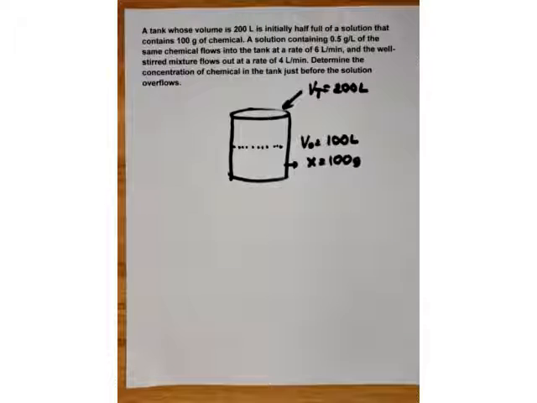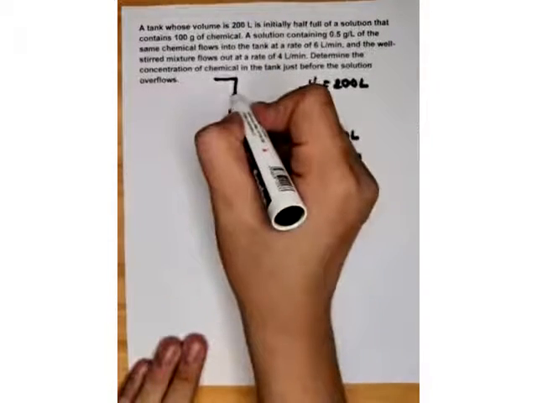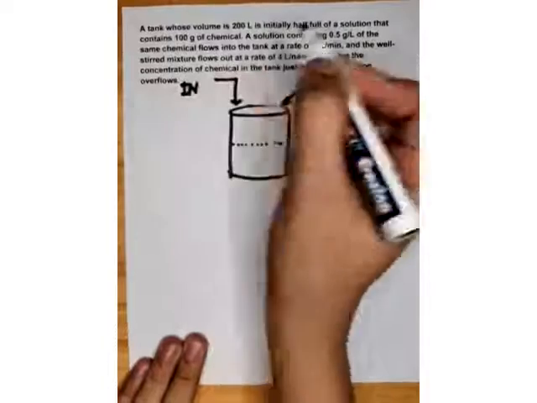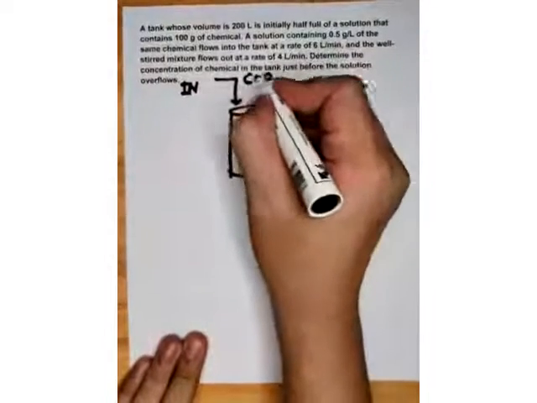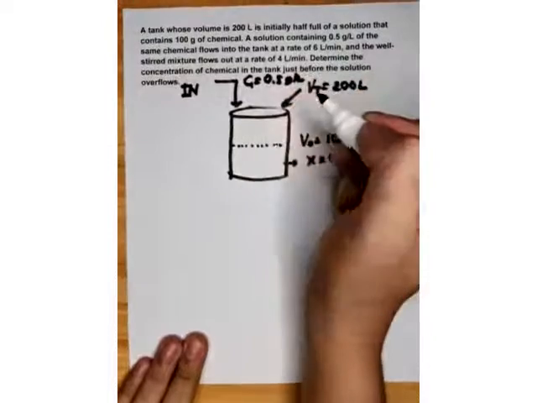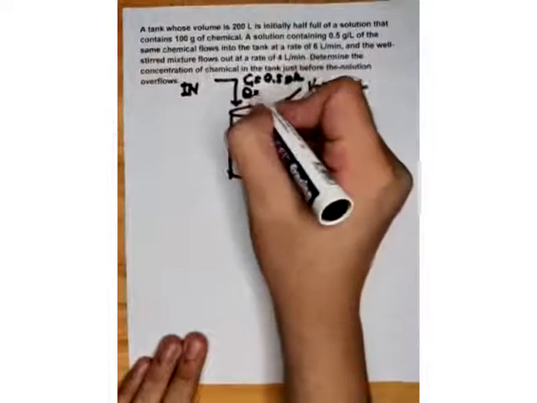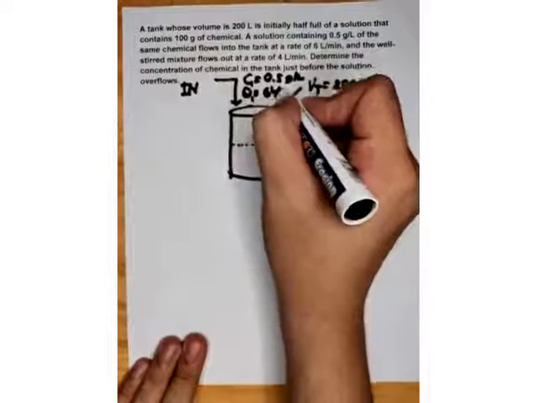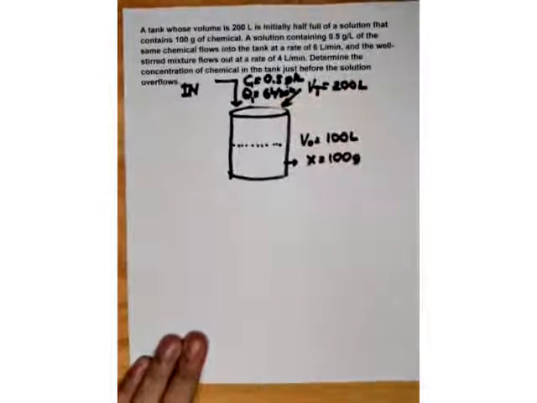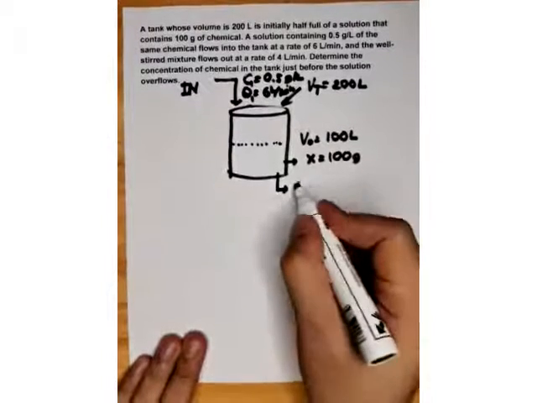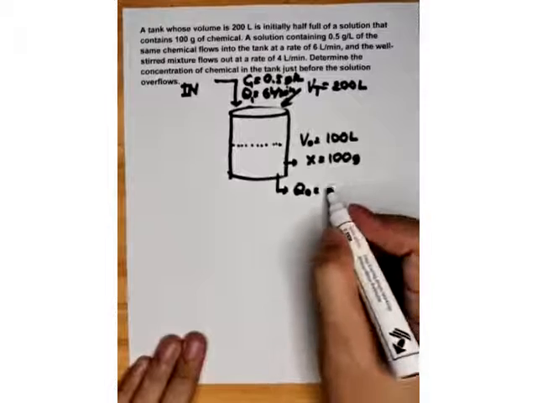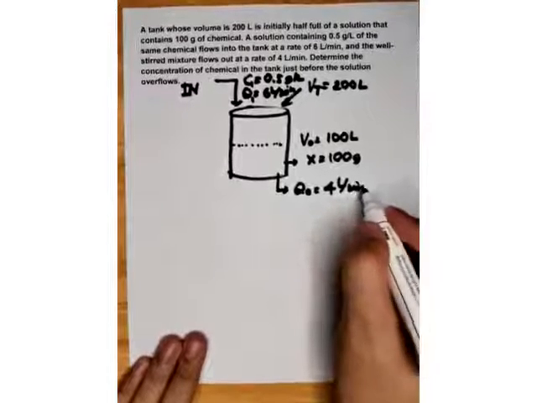A solution containing 0.5 grams per liter of the same chemical flows into the tank at a rate of 5 liters per minute. So sa in natin, the concentration is 0.5 grams per liter, and the rate at which it enters is 6 liters per minute. Okay, and then this is well stirred and flows out at a rate of 4 liters per minute.